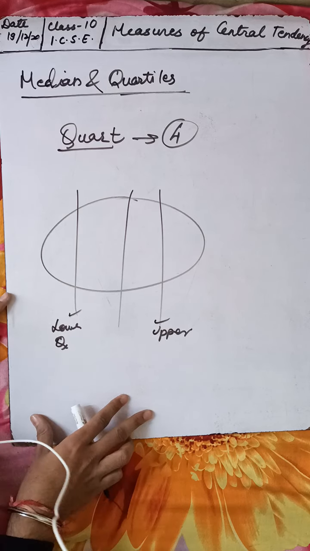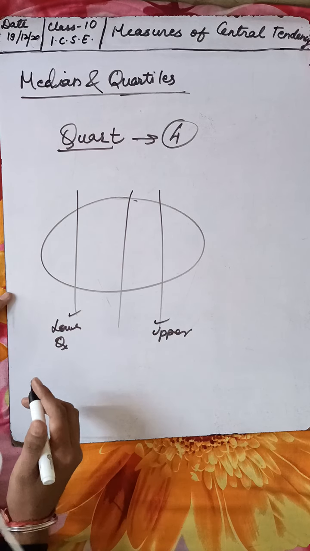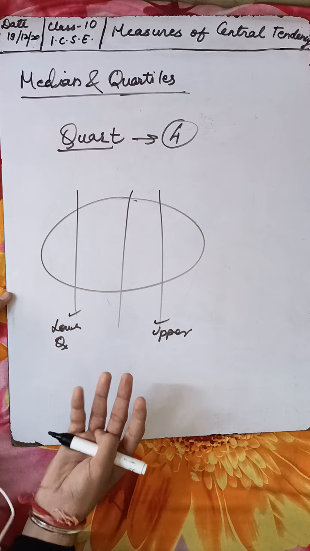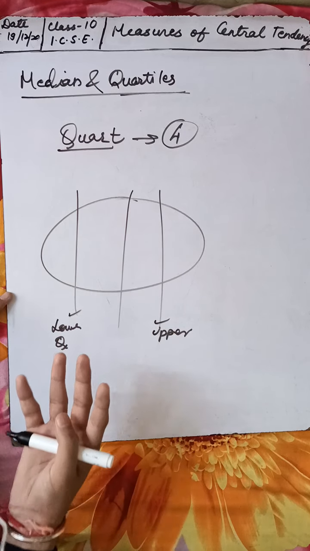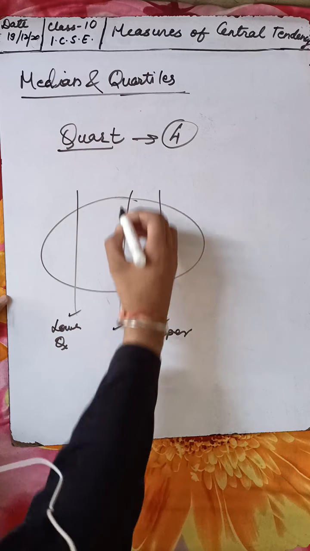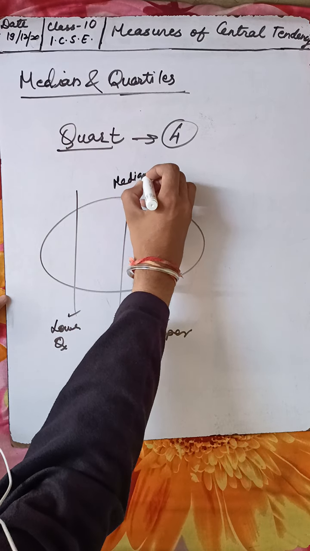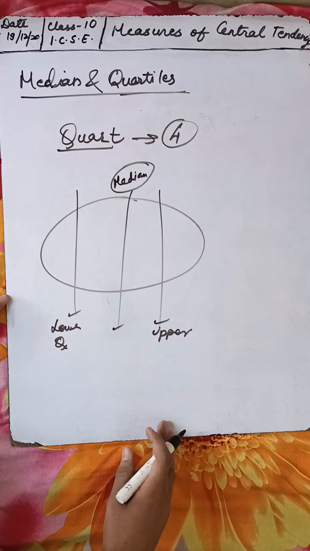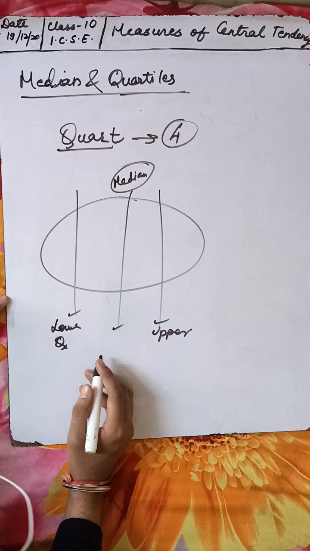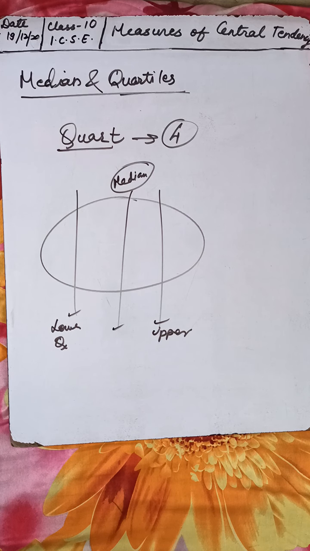The quartiles are the 3 variates which divide the data of a distribution into 4 equal parts or 4 equal quarters. And the middle one is called the median. The second quartile is called the median of the data.